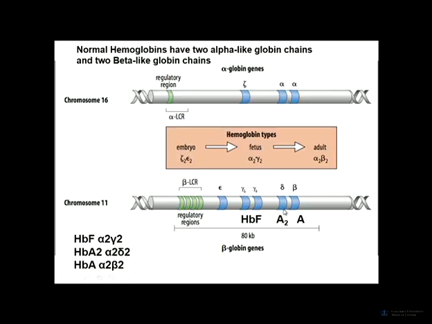The delta gene is very similar to the beta gene, but the promoter has been mutated in such a way that there's very, very little expression of hemoglobin A2, or the delta gene, in the adult. So for hemoglobin types, you have the embryonic zeta 2 epsilon 2, in the fetus you have alpha 2 gamma 2, which is fetal hemoglobin, and then in adult life you have alpha 2 beta 2, which is normal hemoglobin A.